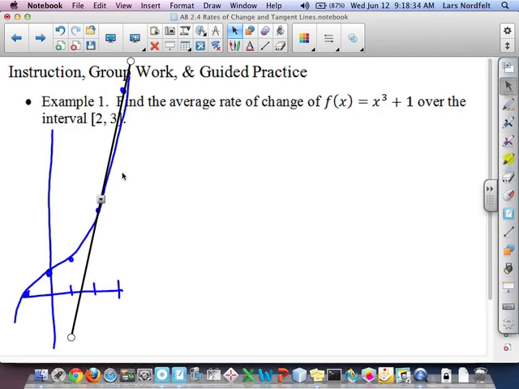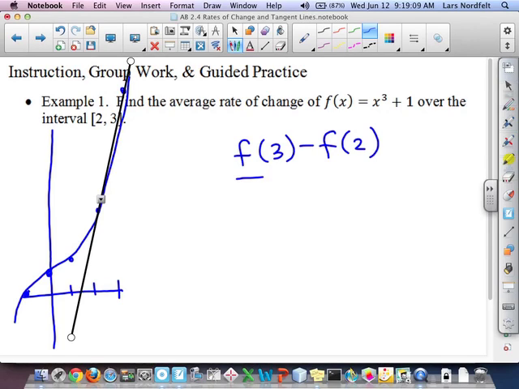All right, so the average rate of change of f of x over the interval from 2 to 3 is the slope of this secant line that goes through the point (2, 9) and (3, 28). The way we find the average rate of change from 2 to 3 is we do f of 3 minus f of 2, divided by 3 minus 2.